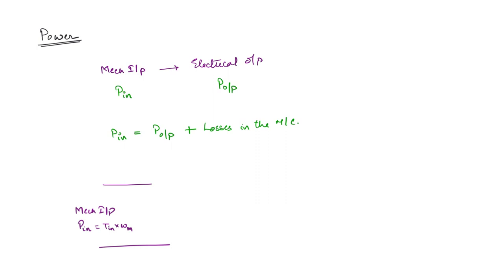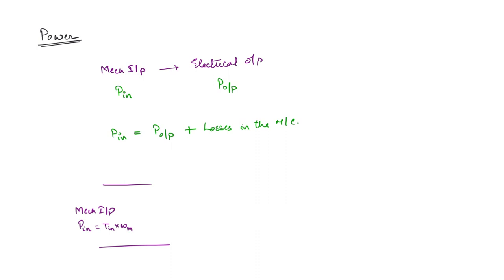Now we have to ensure that for the synchronous generator, the speed has to remain constant. Only then you will get a constant frequency. Otherwise the frequency will become variable at the output. So this is one important point you have to remember with respect to the synchronous machine.